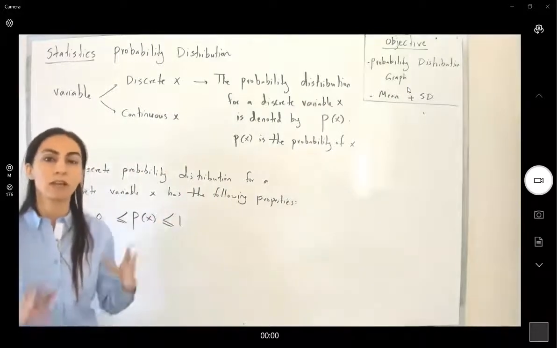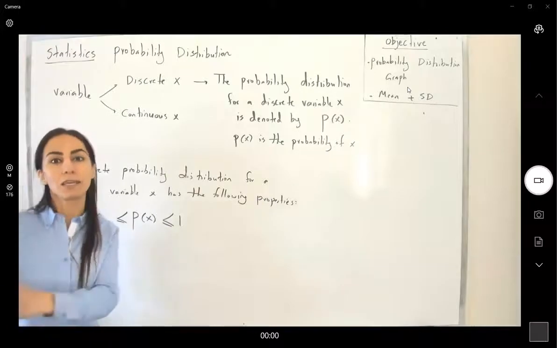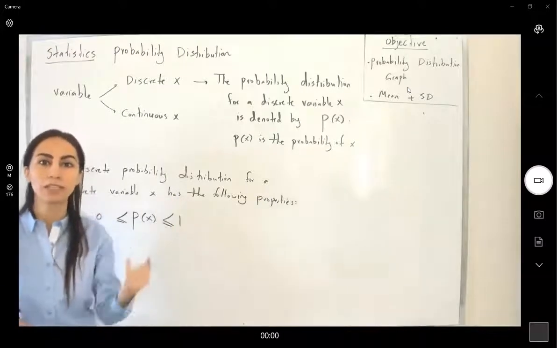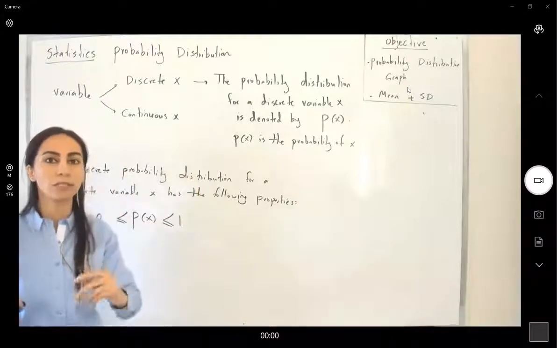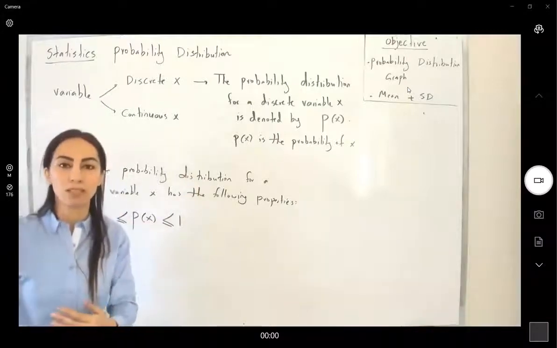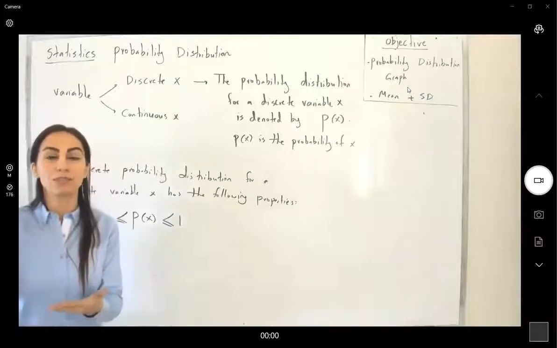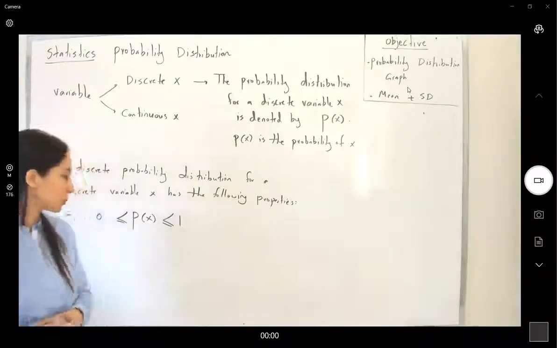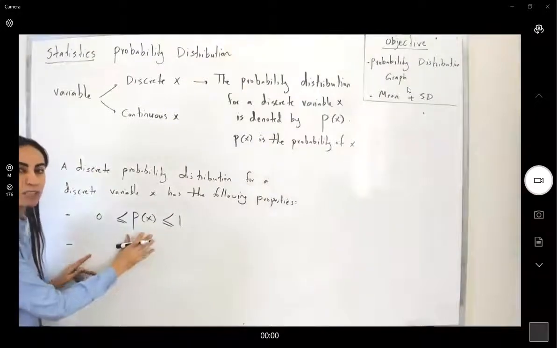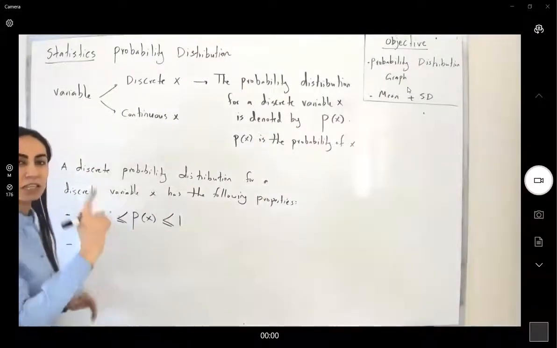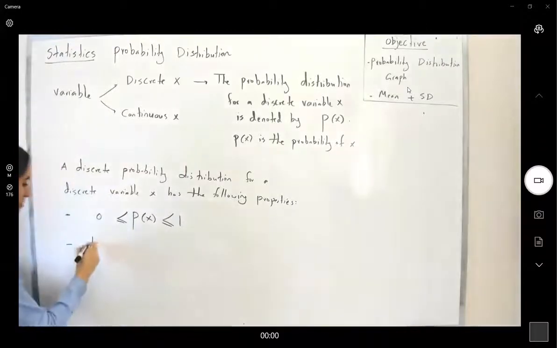Remember the number of companies that lost their money last year. No company means x equal to 0. One company means x is equal to 1. Two companies, x is equal to 2, and so on. So if you take all of those probabilities, add them together, it must be equal to 1.